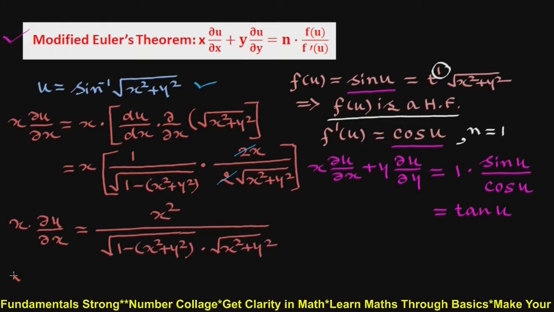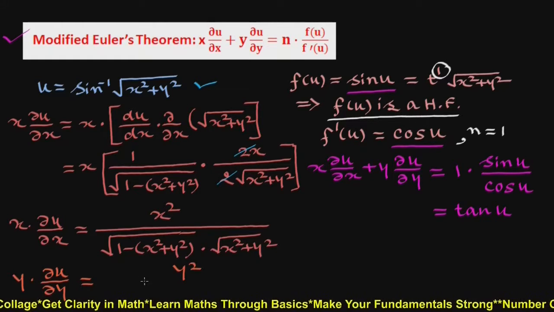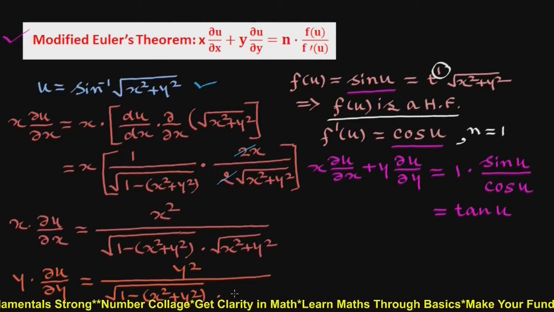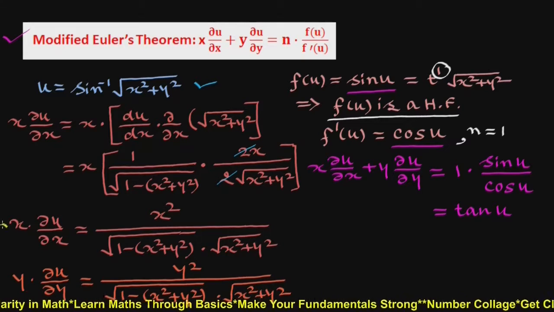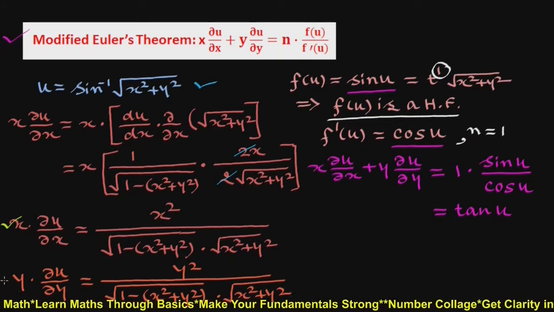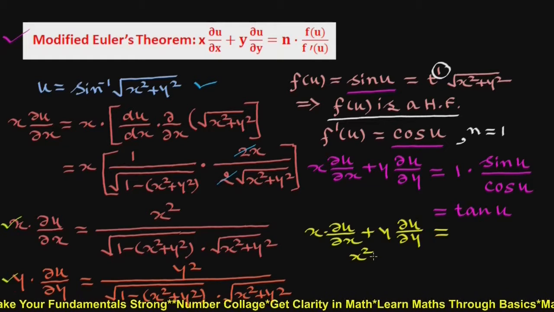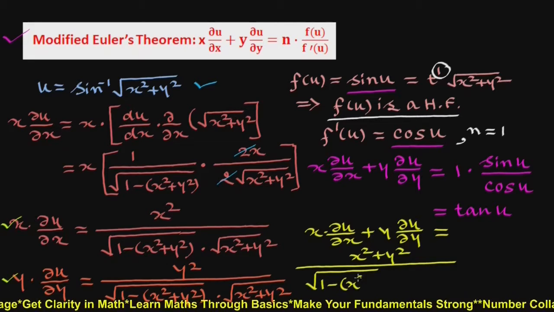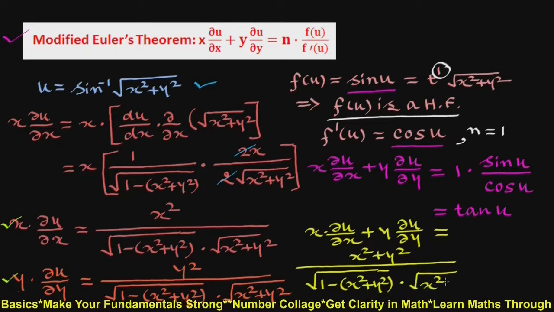On similar lines, y ∂u/∂y will be y² upon the square root of 1 − (x² + y²) into the square root of x² + y². After adding x ∂u/∂x and y ∂u/∂y, we will get (x² + y²) upon the square root of 1 − (x² + y²) into the square root of x² + y².